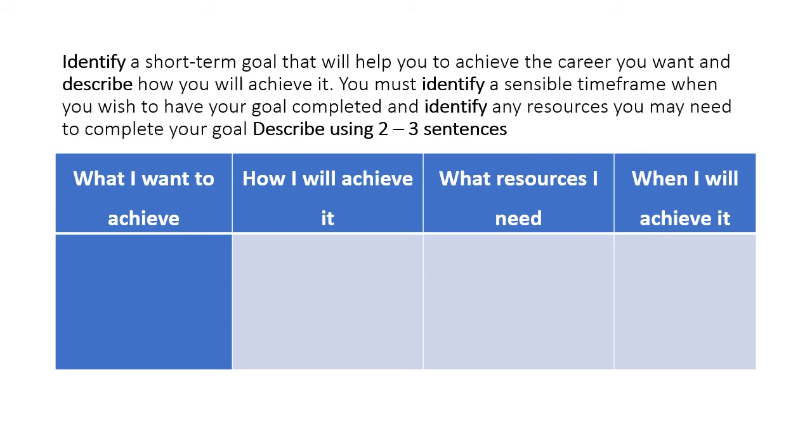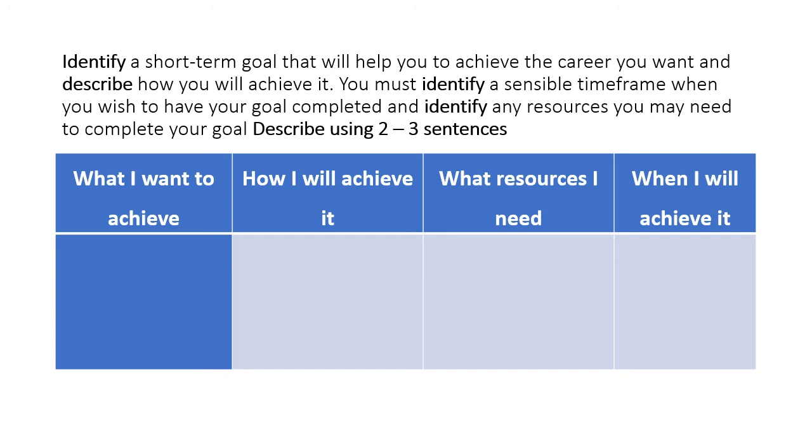Now, obviously, in the situation we're in at the moment with the COVID-19 pandemic, colleges and things like that are not all open. So it might be difficult currently, but you can still be thinking about it.